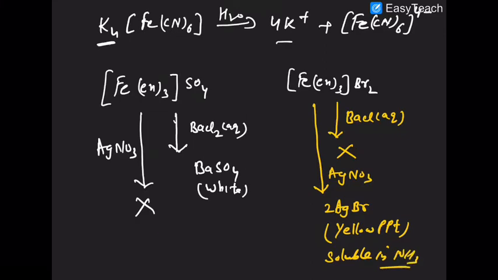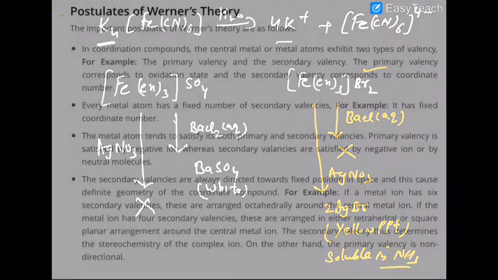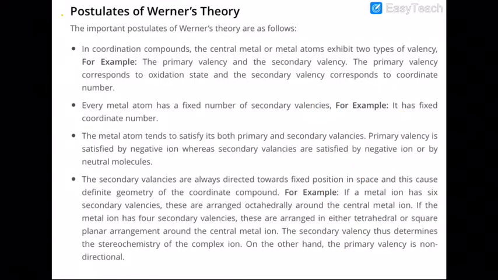Okay, sure about that. So the ions which are present outside the sphere are ionizable. Now we have postulates of Werner theory of complexes.